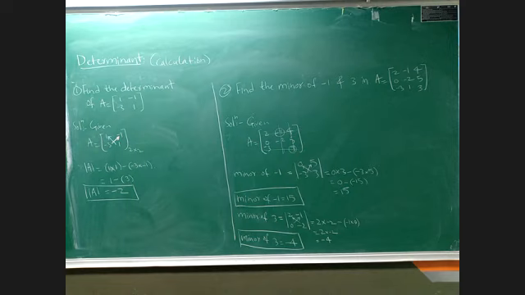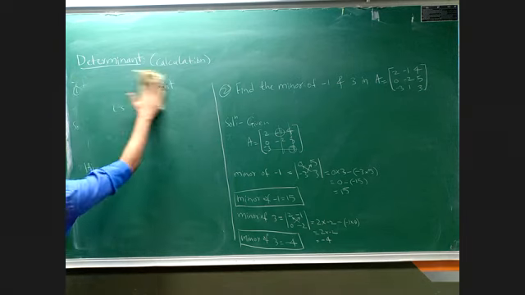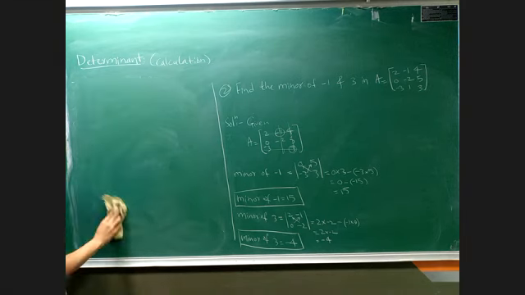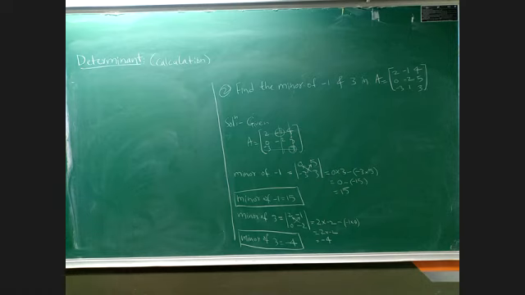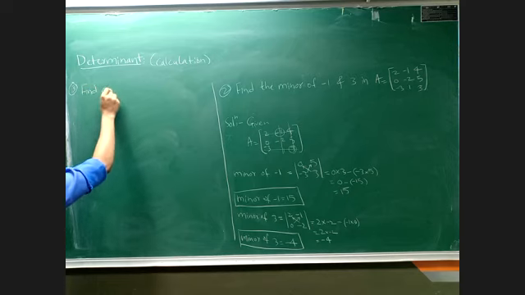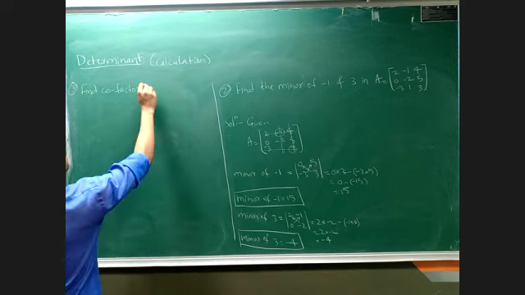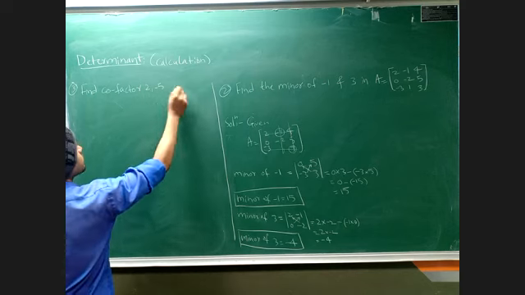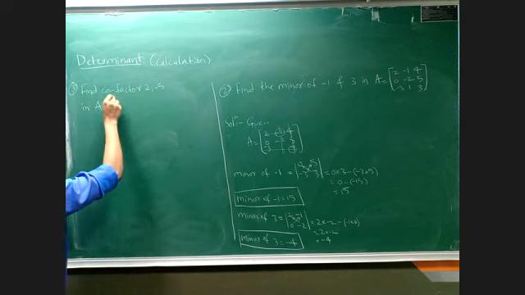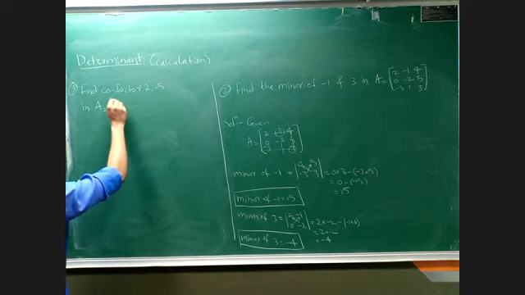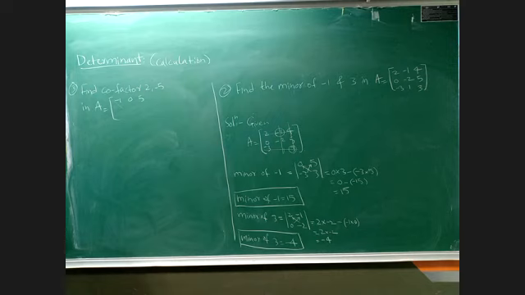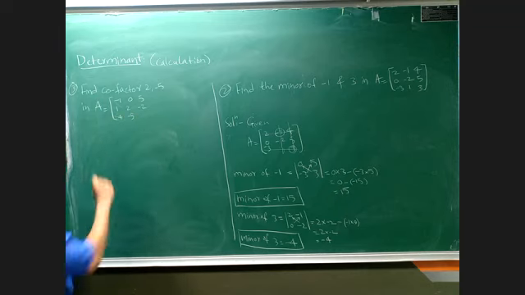Okay, let's see the next question. Question number 3. Find the cofactor of 2 comma -5 in matrix A, which is -1 0 5, 1 2 -2, and -4 -5 3.